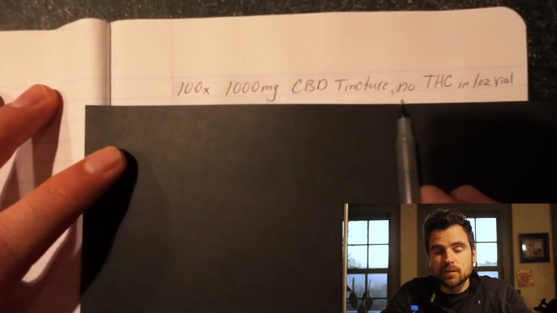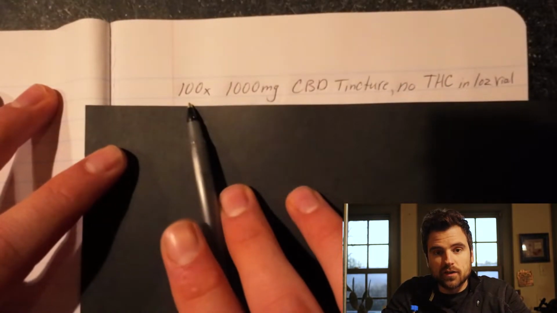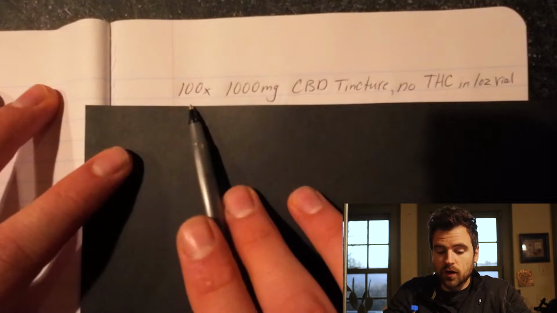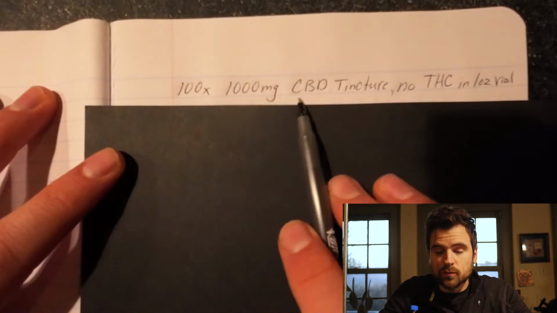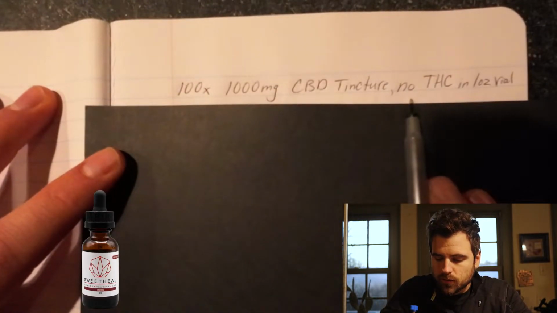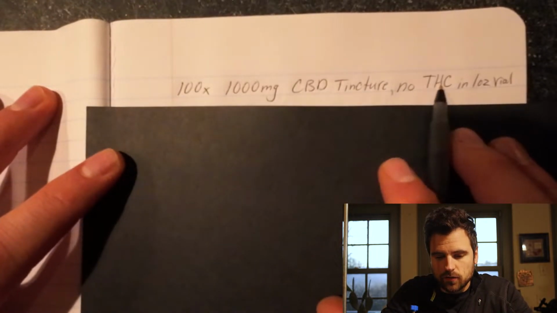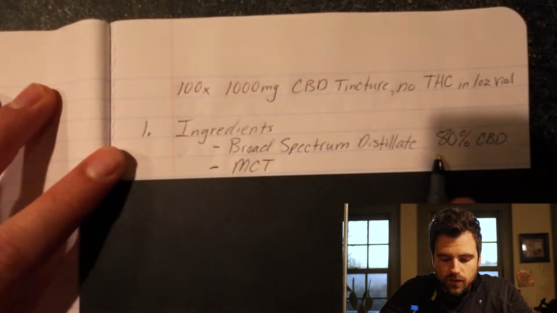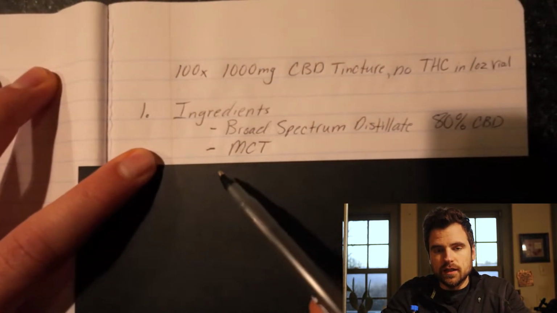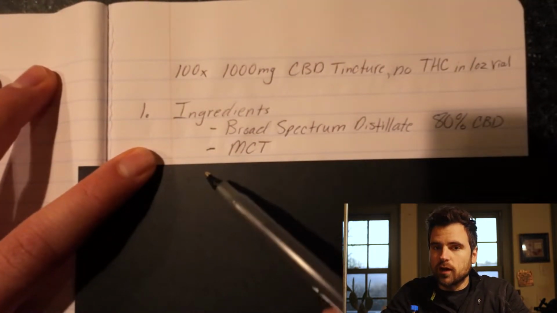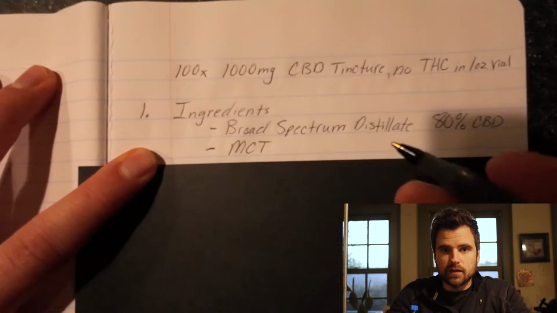Alright, let's say in this example a customer comes to me and she says, I want 100 units of 1,000 milligrams CBD tincture with no THC, and I want it in a 1-ounce vial. Okay, first thing we need to do is identify what ingredients are going to be in this recipe.